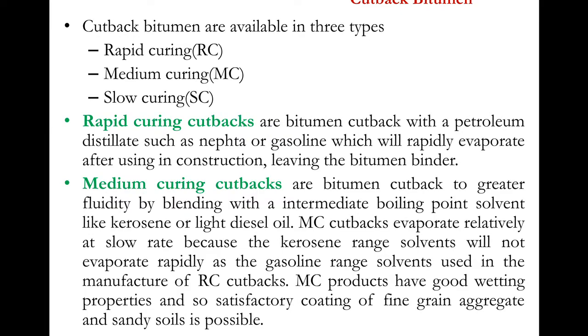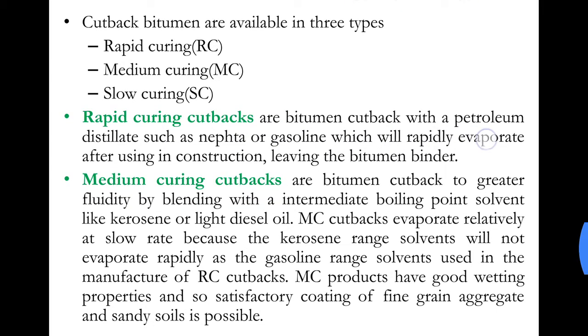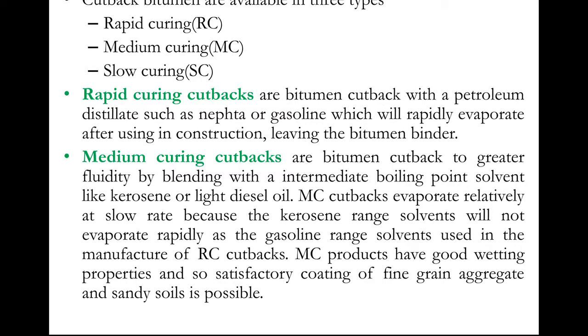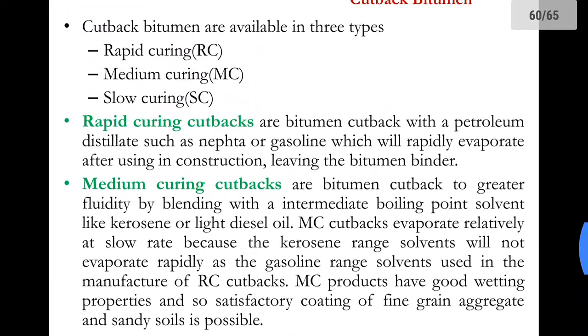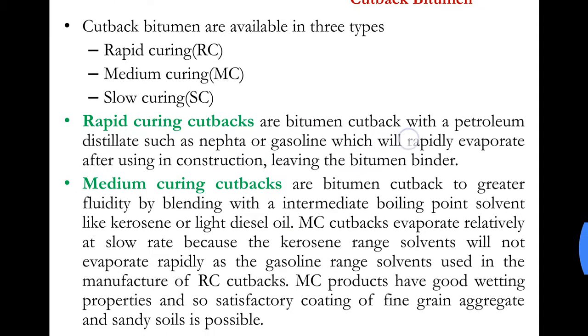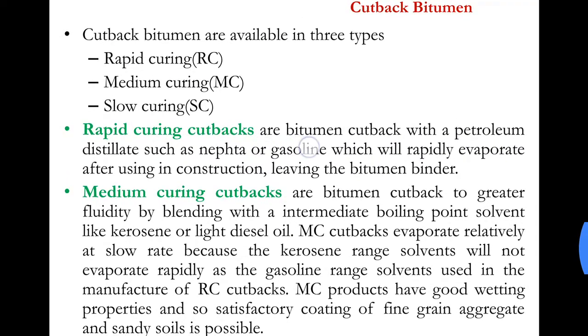Here the distillate which is being added to the bitumen will evaporate at a faster rate as compared to medium curing cutback and slow curing cutback. And what are the materials used here? Naphtha or gasoline.